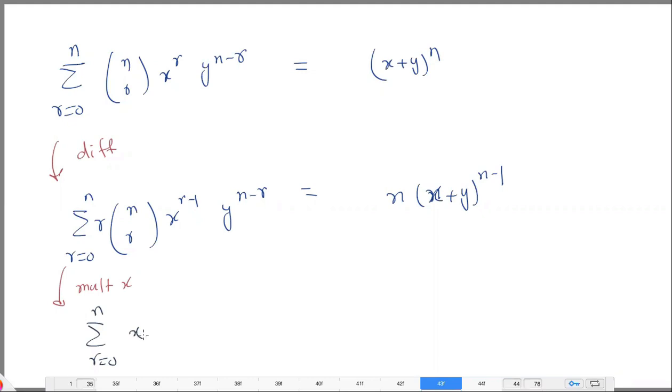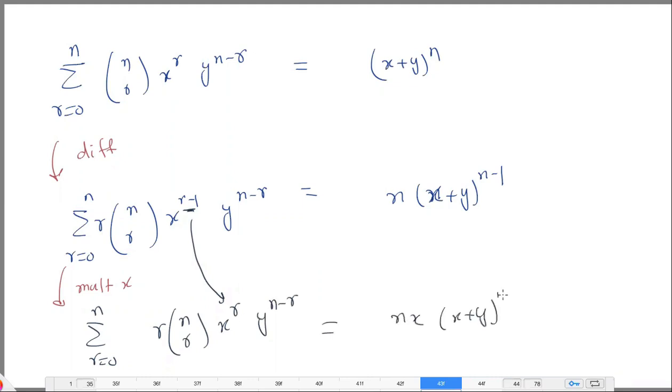If you multiply by x, it will be x into r nCr x power r, because from r minus 1 it will be r. So this is y power n minus r, and it will be n x into (x plus y) power n minus 1.